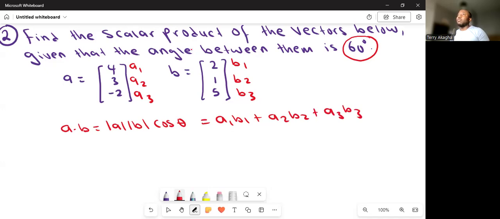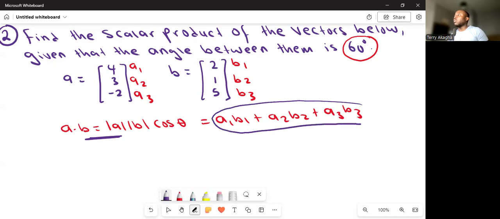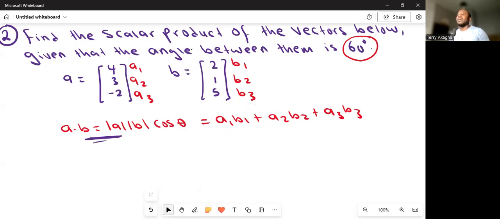But we are looking for the dot product with an angle. So because we have an angle here, we have to use this one. We can't use the last one, because it is just going to give us the dot product without taking the angle into consideration, but we need the angle. So we're going to use this one here.